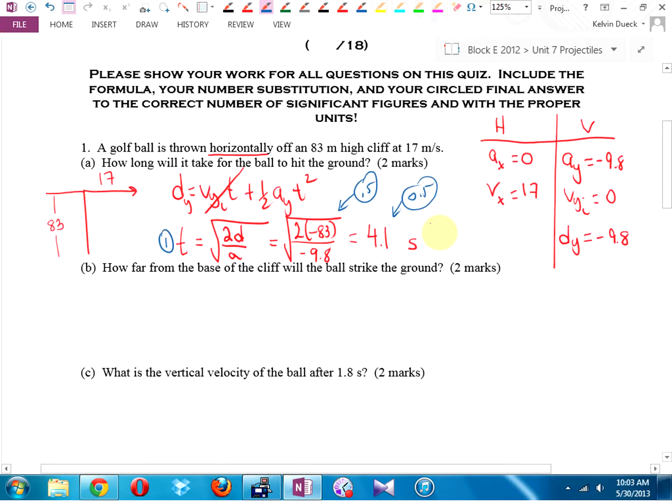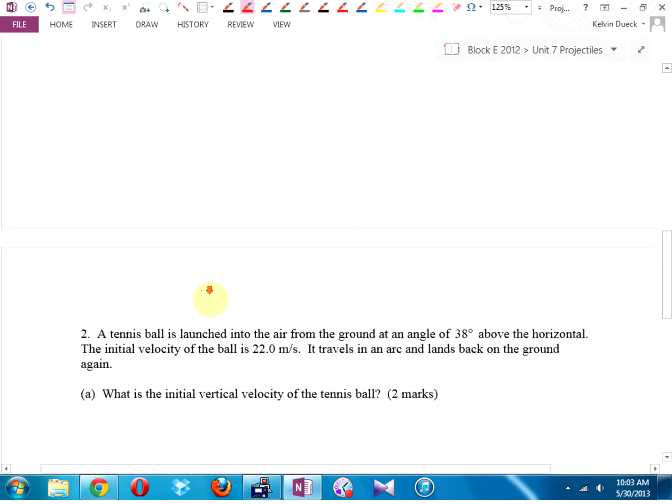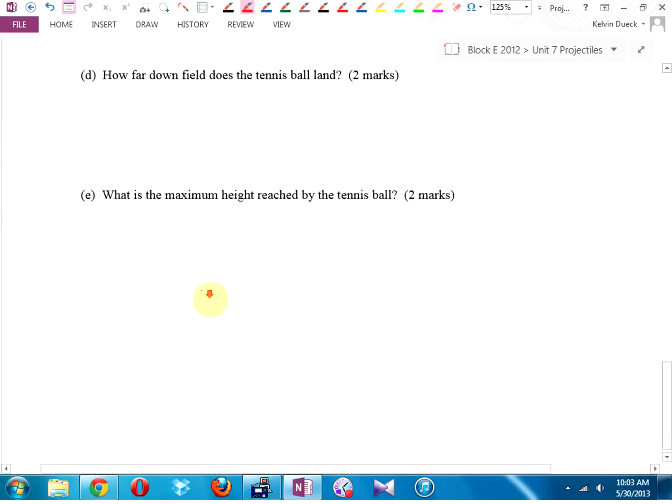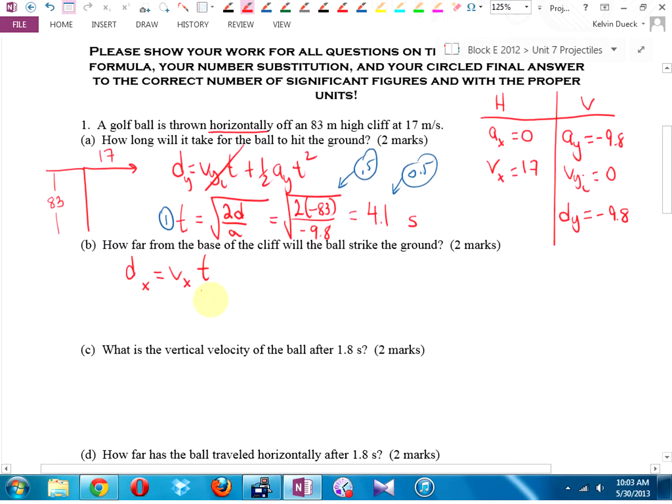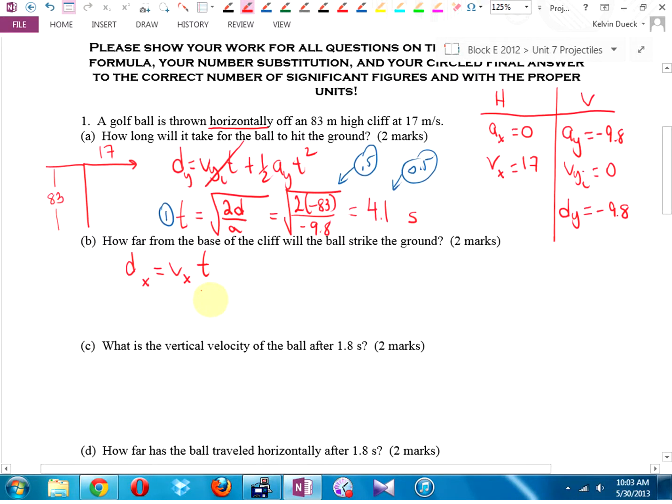How far from the base? Now they're asking me to find a horizontal displacement, and I recall that horizontal displacement is d equals v t. What happened to the half a t squared? A is 0 horizontally. Also on your test, there's going to be one question where instead of giving you the vertical height, I give you the range, horizontal, which makes it way easier, because you use this equation to find time.